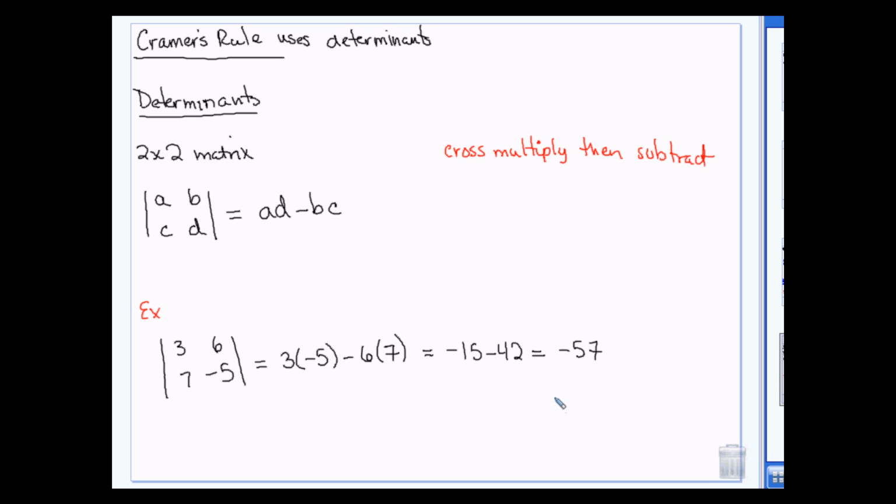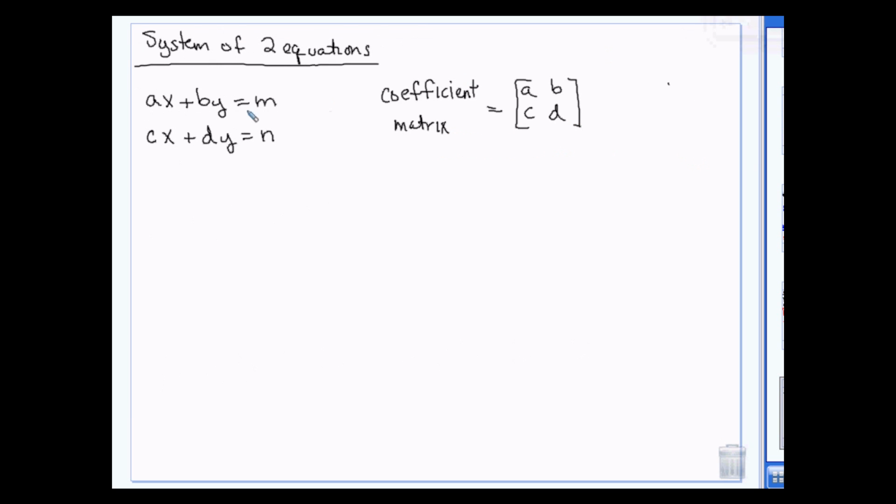That's a 2 by 2 determinant. And 2 by 2 determinants can be used to solve a system of 2 equations. So we'll do that first, and then we'll do a 3 by 3 for a system of 3 equations. So in a system of 2 equations, ax plus by equals m, cx plus dy equals n, you have a coefficient matrix, which is AC, BD. So it's the x's next to the y's.